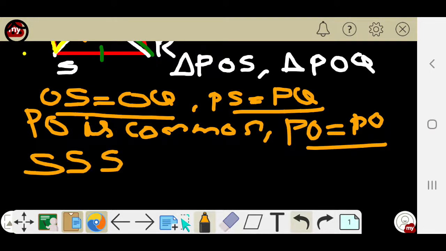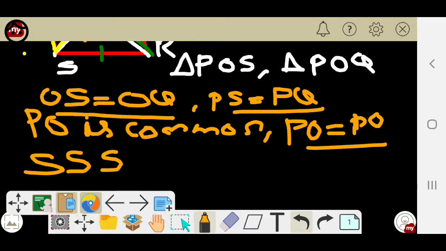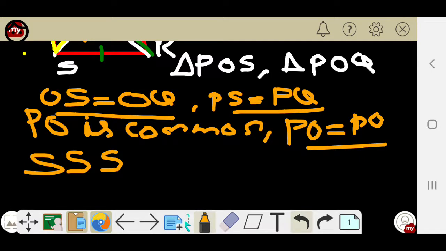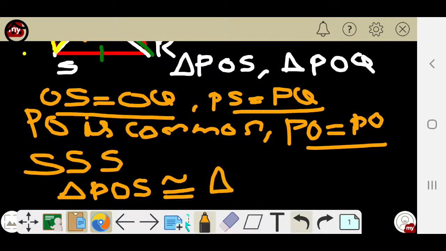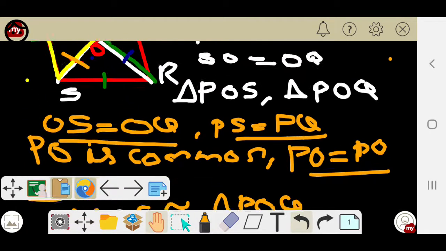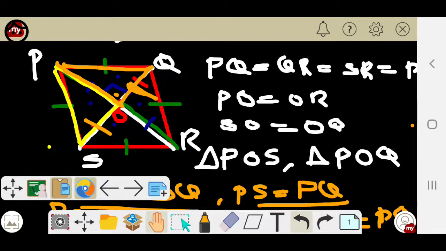By using the SSS rule, we can tell triangle POS is congruent to triangle POQ. If two triangles are congruent, their sides are equal and also their angles are equal.